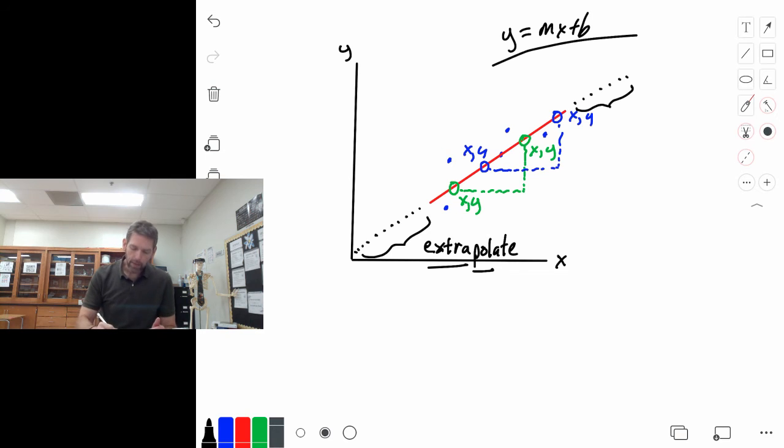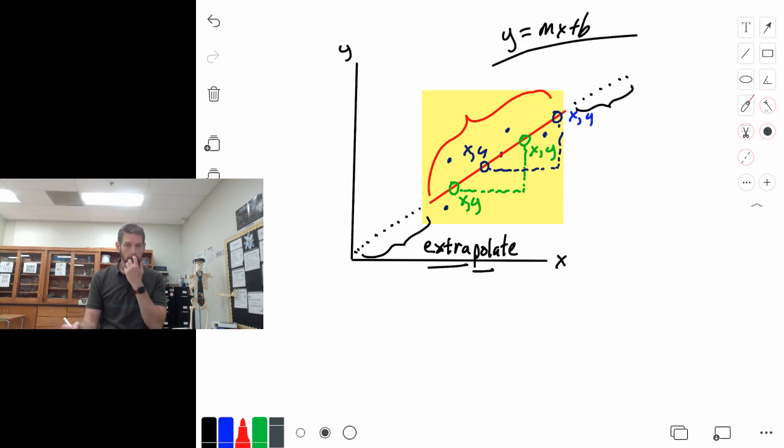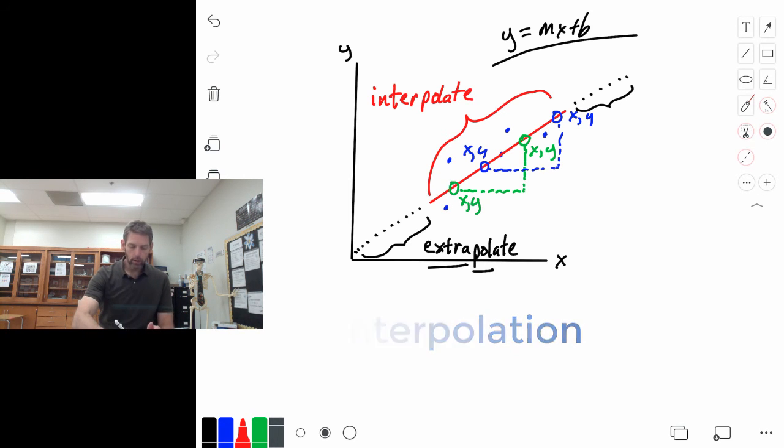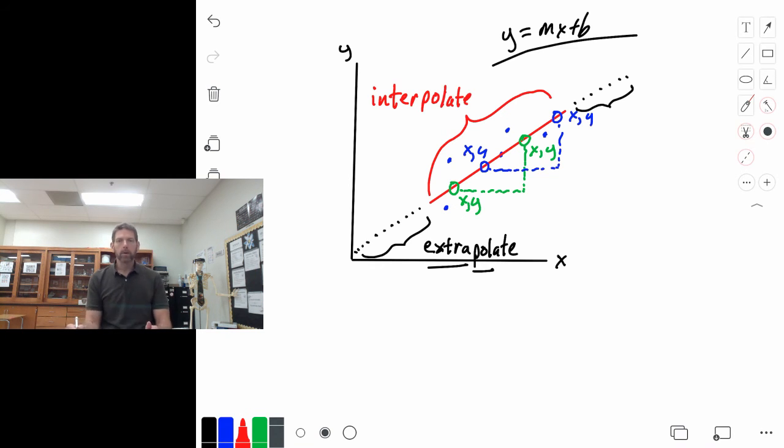And then right here, where that red trend line is, we're doing something that is called interpolate. It looked like a D there, that's why I erased that back.